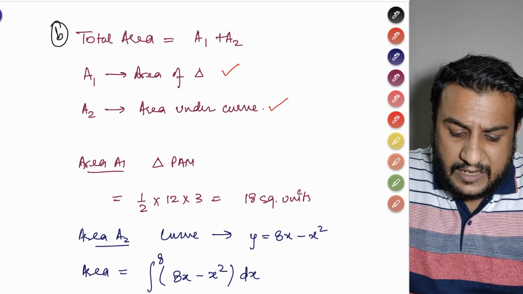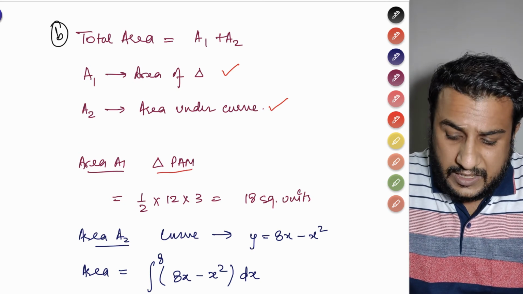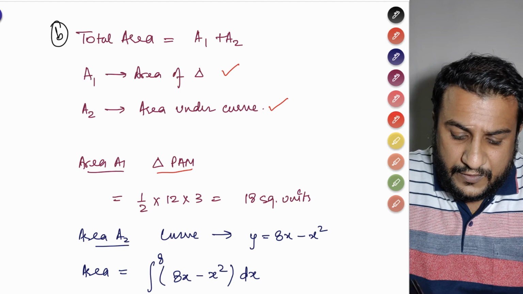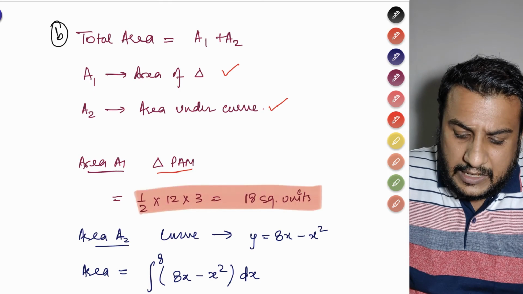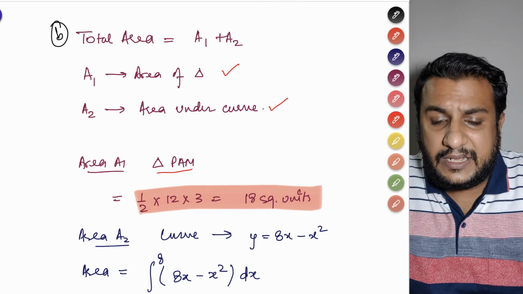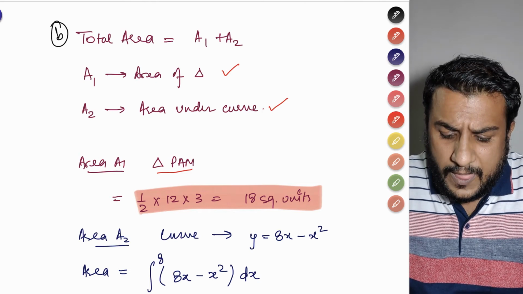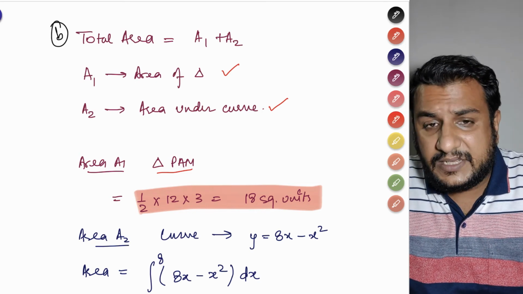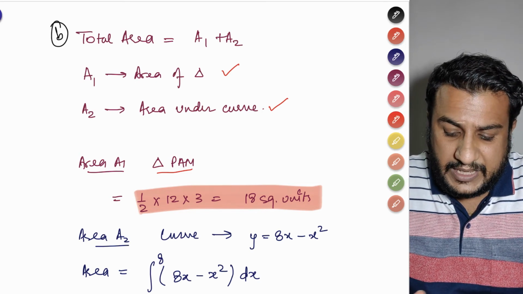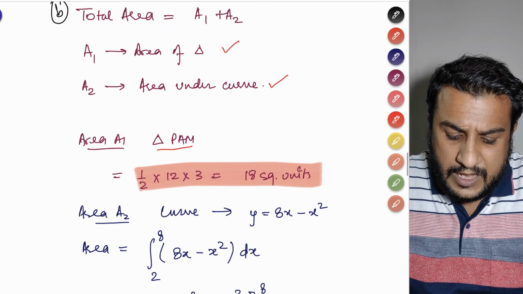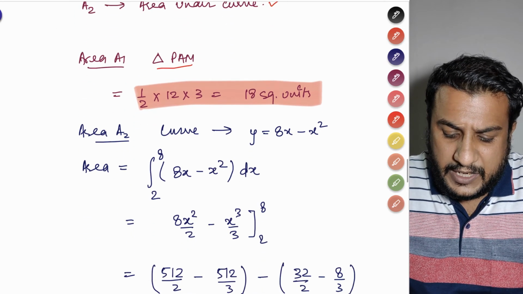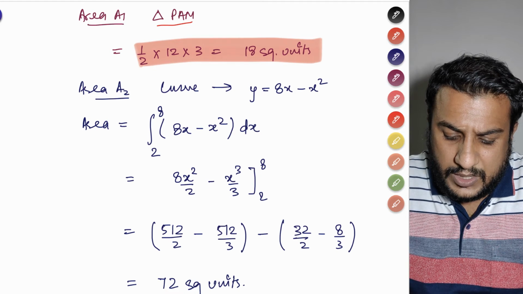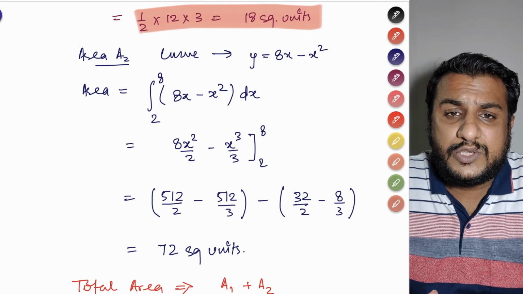Now for the area of the triangle, I have used this concept. The area of a triangle is half into base into height. Now over here, height is 12, base is 3, which gives you 18 square units. And the integration of the curve from 2 to 8 gives you this part. Substituting the upper and lower limits and simplifying, you will get 72 square units.